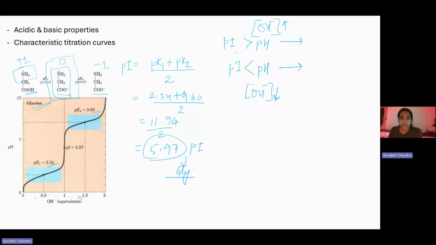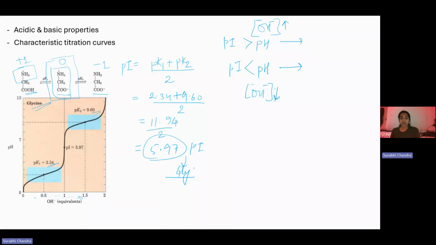So when the pH is less than 5.97, there is an excess amount of H plus, and it exists predominantly with a net charge of +1. At higher pH, it has a net charge of -1.